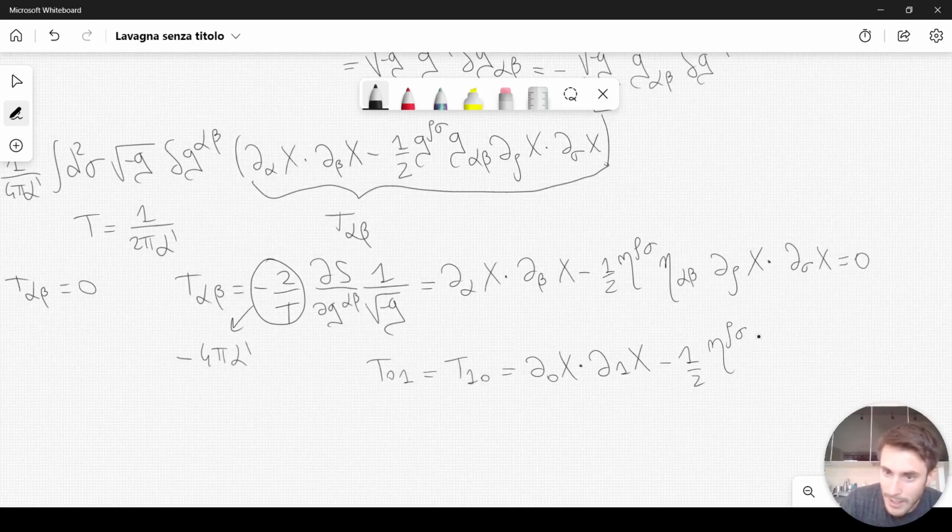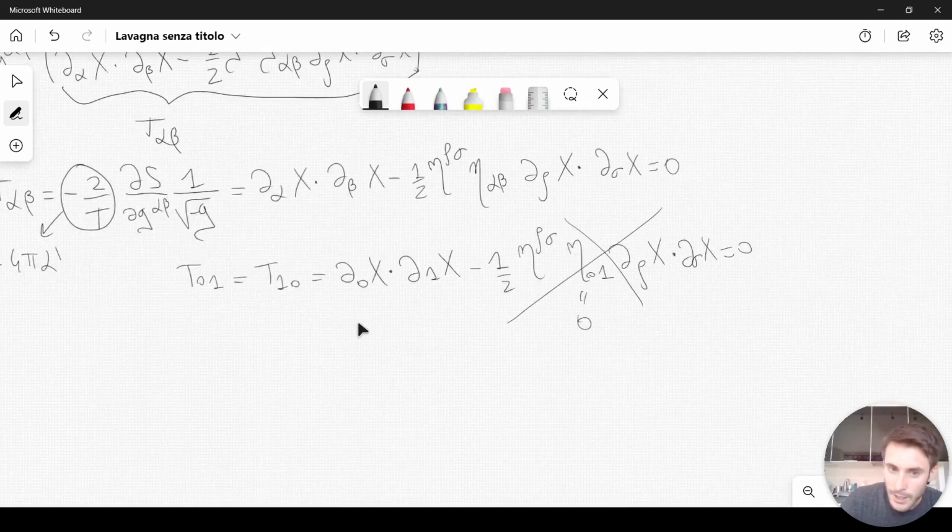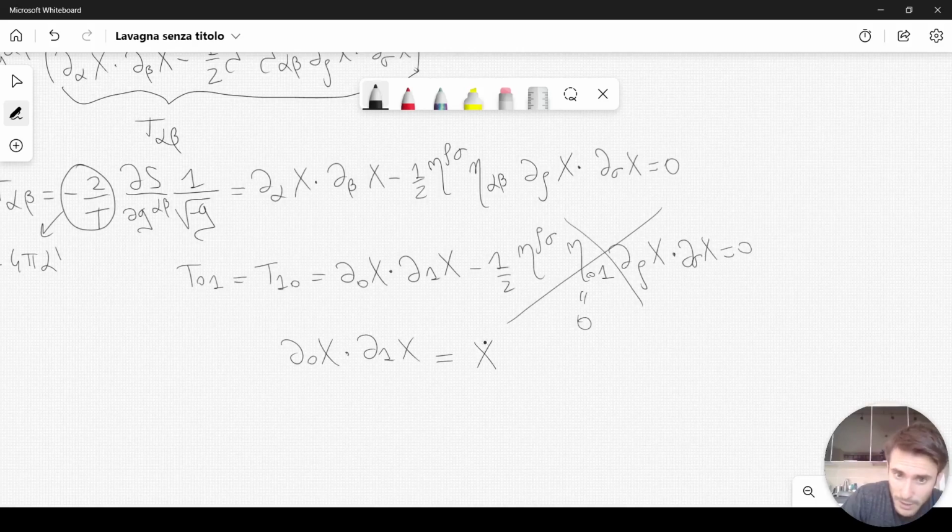So in this case it's η_{01}, which is equal to η_{10}, and that's equal to 0. So it's going to simplify quite a lot. This is equal to 0, but also this is equal to 0. So we get ∂_0 X · ∂_1 X equal to 0, but this is also equal to Ẋ · X′ equal to 0, just a different notation.